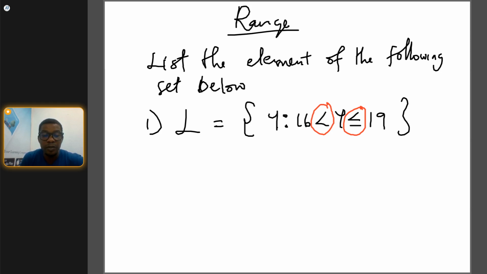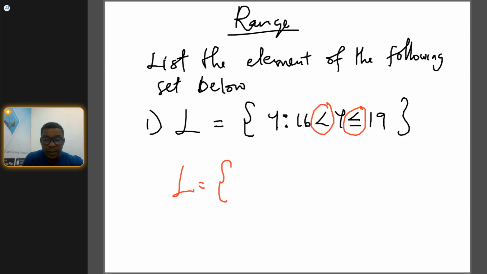So if I'm going to do this, L equals y such that 16 is less than y, less than or equal to 19. So we are dealing with values that fall within this range that was given to us. We want to write out the values, or the list of elements, that fall within this range.